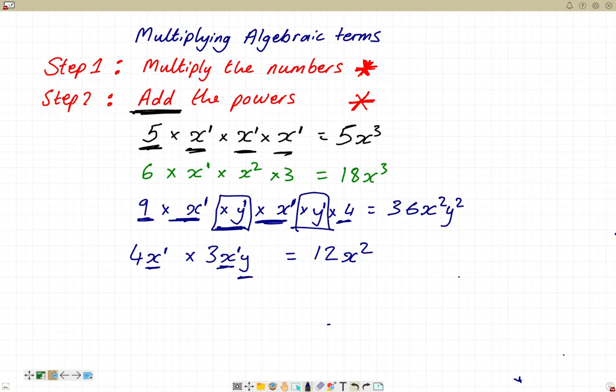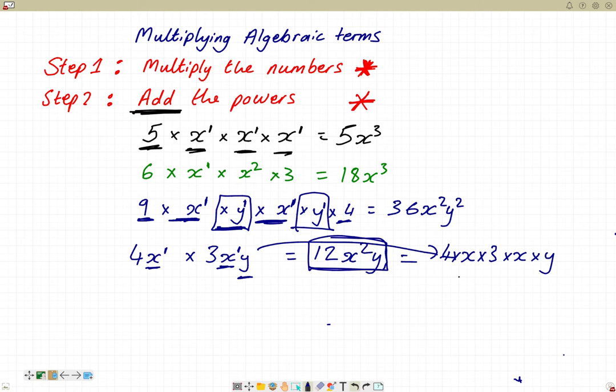And then there's just this y left over, so I'll just add it on. Now, by the way, this question you can write as 4 times x times 3 times x times y. As you can see, these are just different ways of writing it, but when we're multiplying algebraic terms, we want the simplest answer.